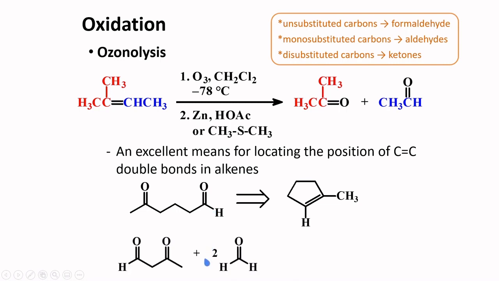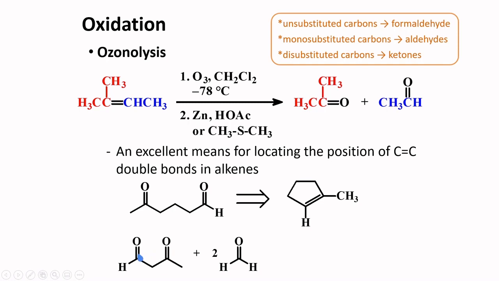How about these compounds? What do you think is the starting compound? There are two formaldehydes here, and there are two double bond O's in this compound. These two formaldehydes may have been connected to these carbons in the starting material.